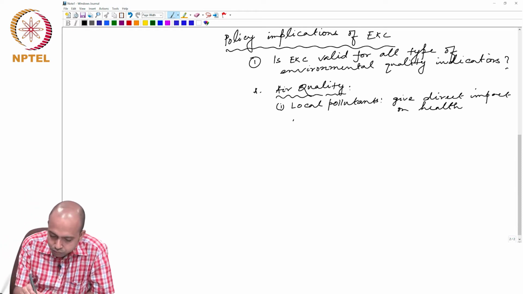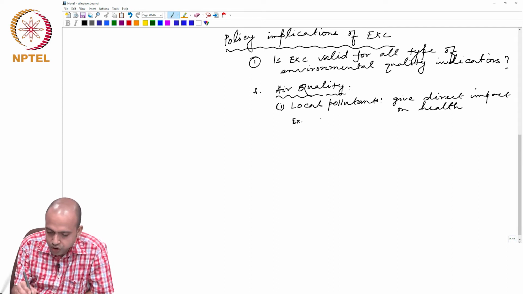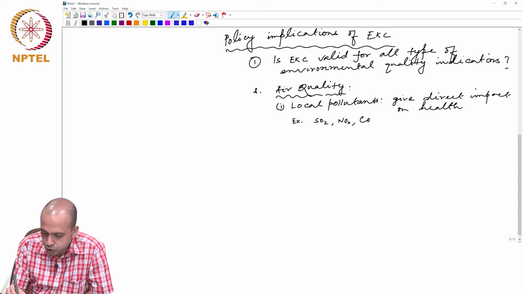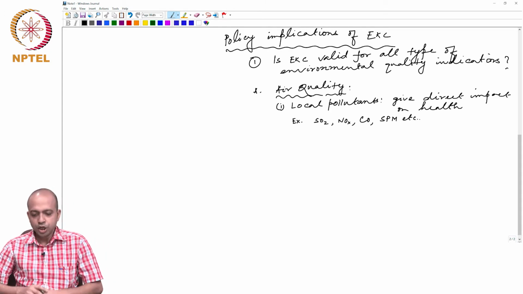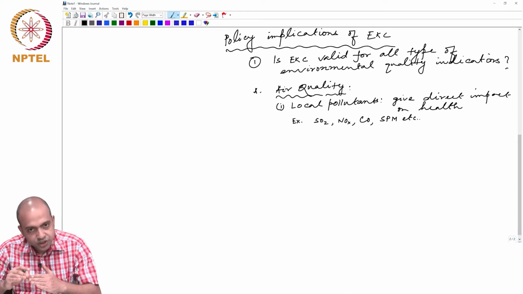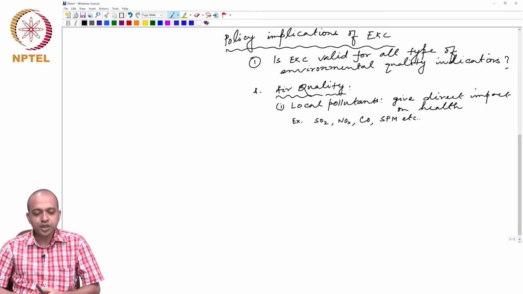What are those? Those are SO2, then NOx, CO, and then suspended particulate matter, etc. Okay. These are the air quality indicators which are used as local pollutants, and they have direct health impact.